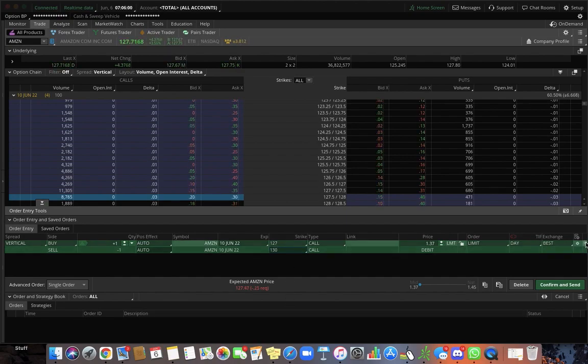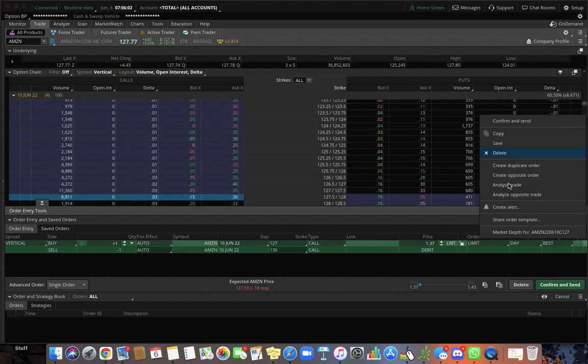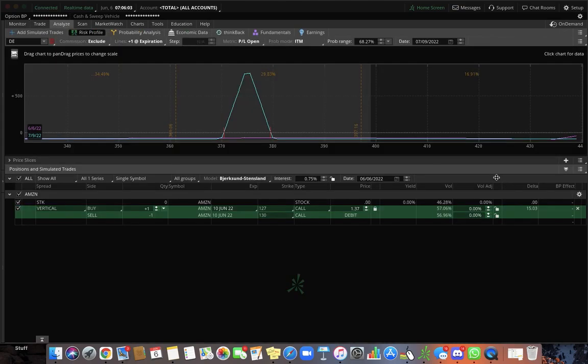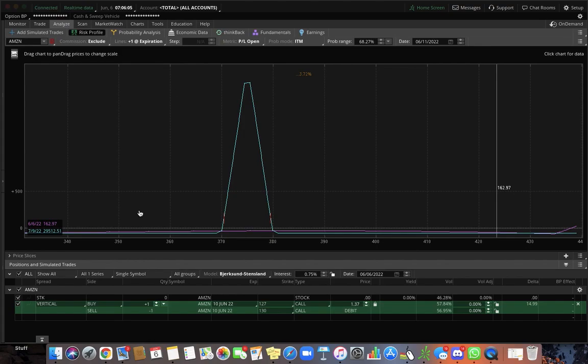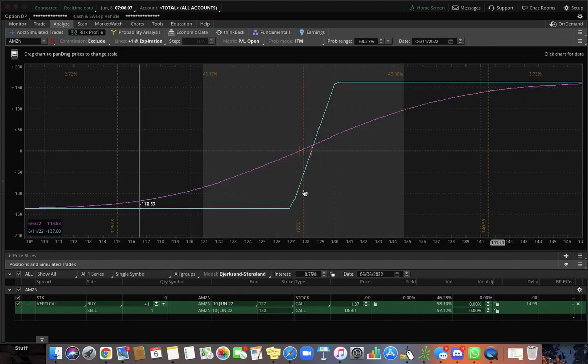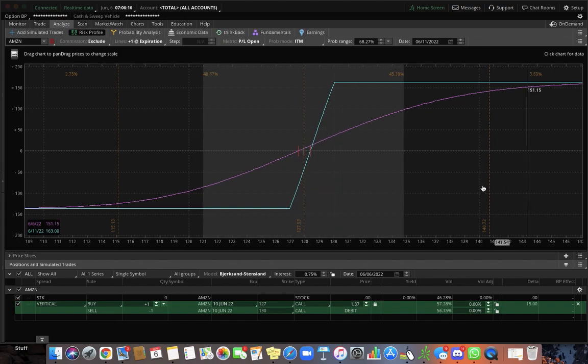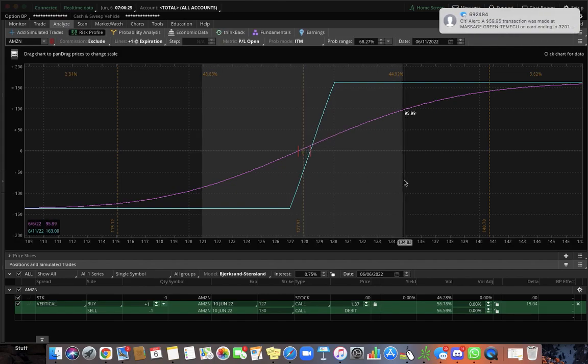Oh, the 5 minute is working now. Let me just analyze this real quick. So if you wanted to get into a 1 week play with Amazon, you can generate some income, $163 if it stays above the 130 level.